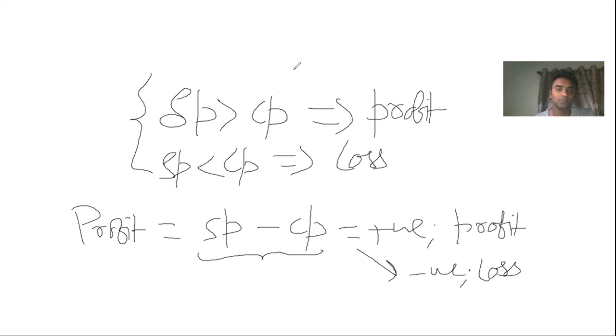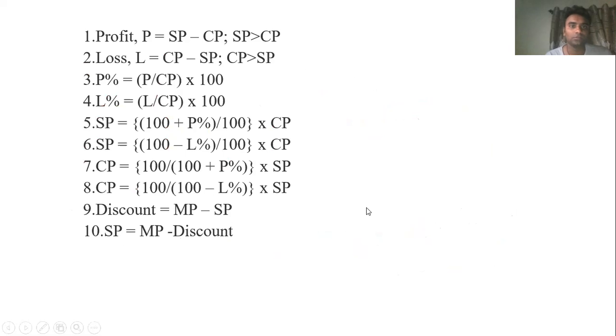Okay, now let's go back to our slides. So these are certain formulas that I have prepared in such a way that it will be very easy for each one of you to remember. I have represented profit as P, selling price as SP, cost price as CP, and profit percentage as P percentage and loss percentage as L percentage.